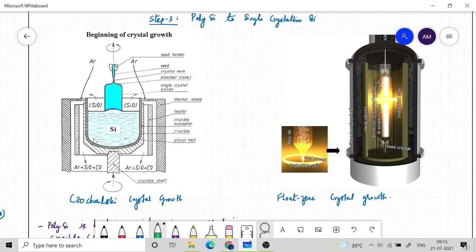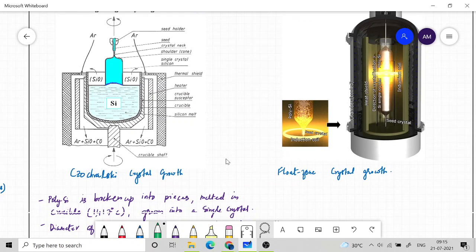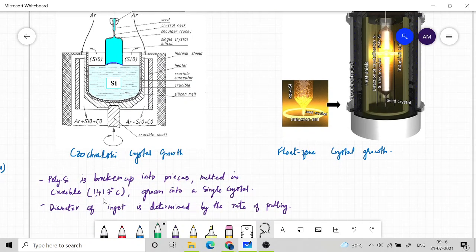Basically not powder really, but small pieces, and put it in this furnace and heat it. The temperature at which we maintain the furnace is very critical: 1417 degrees Celsius. So polysilicon is broken up into pieces and melted in a crucible at 1417 degrees Celsius.